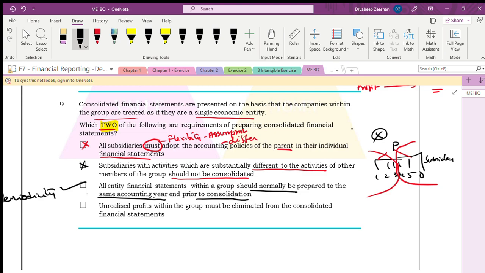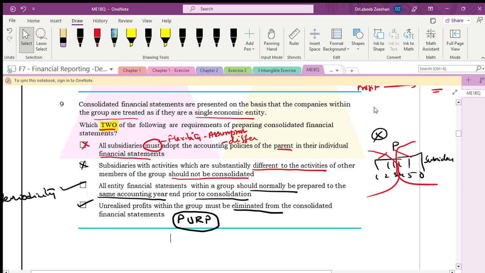Unrealized profit within the group must be eliminated. This is what we are doing all the time. The portion of unrealized profit must be eliminated. What are the two answers? Option 3 and option 4.